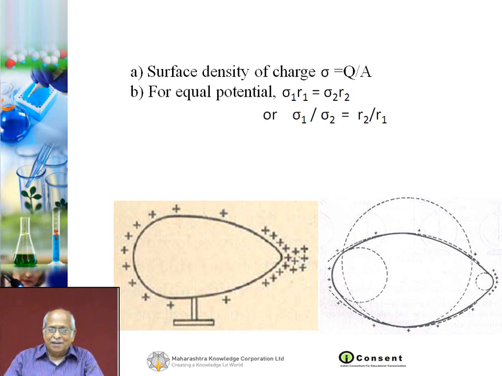You know that charge moves from higher potential to lower potential. Charge means positive charge. Negative charge has natural tendency to move from lower potential to higher potential. And in any conductor, there are free electrons. So electrons will always move from lower potential to higher potential.